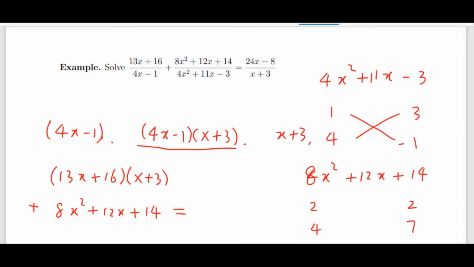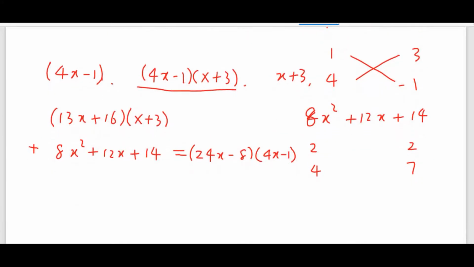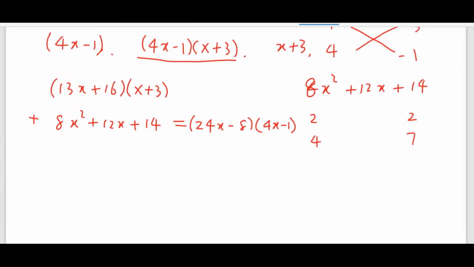So equal. So here just cancel x plus 3, multiply 4x minus 1. Okay, so this is a second degree polynomial equation.